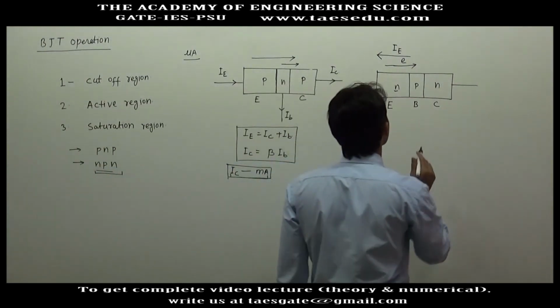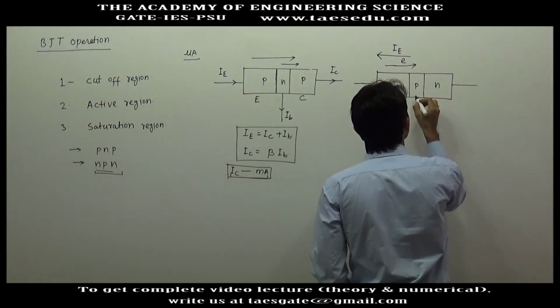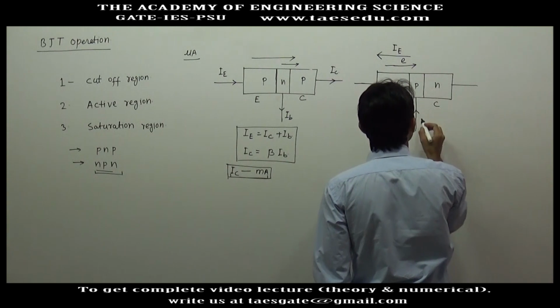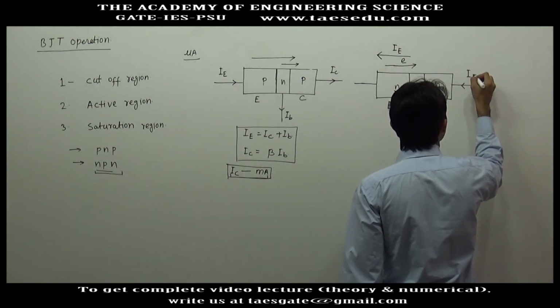In this case, this is emitter current. Some part of emitter current will flow through base and other part will be through collector.